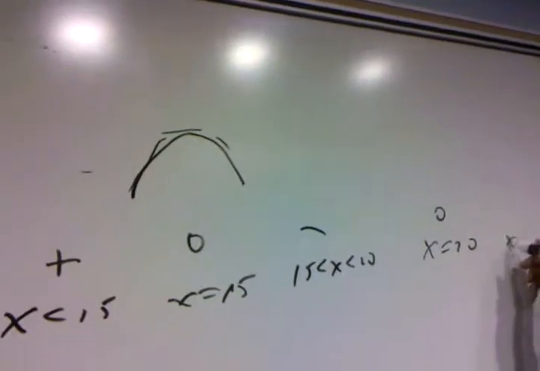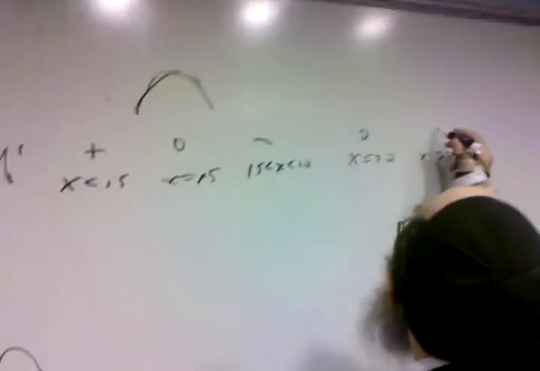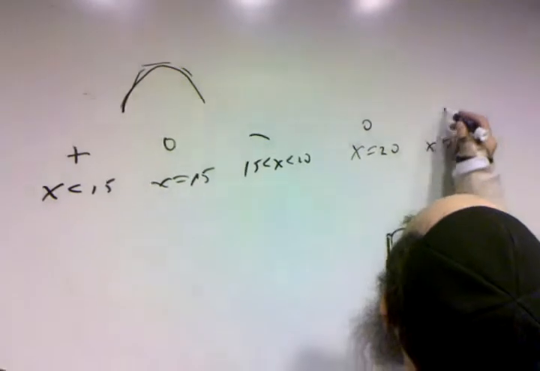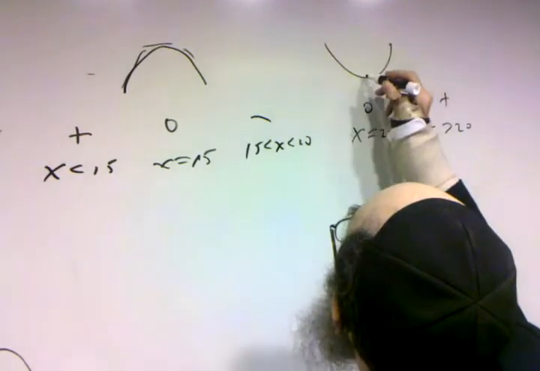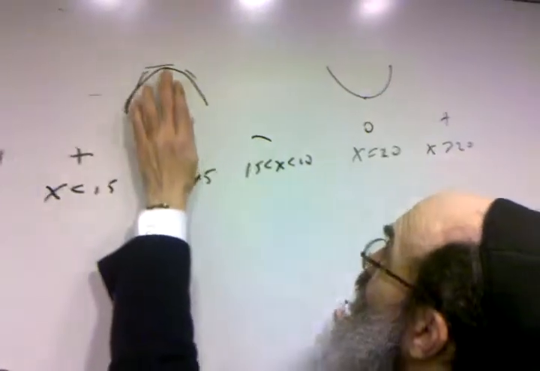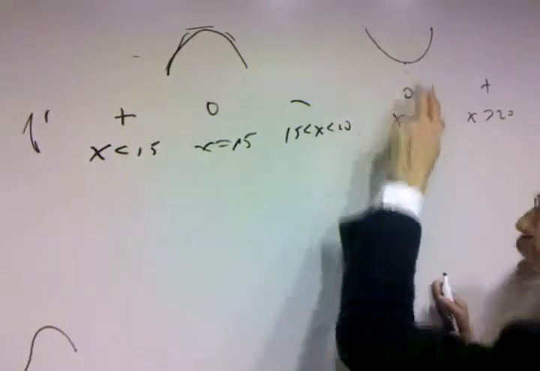And once x is greater than 20, this is positive, and this is positive, so the product is positive. So negative, 0, positive implies we now have a minimum. Therefore, at 15 is a relative max, and at 20 is a relative minimum.